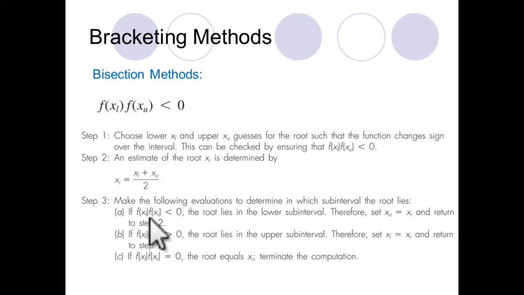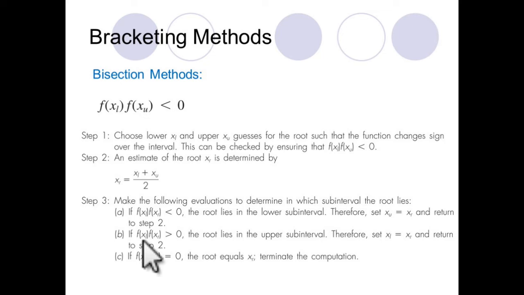So if this multiplication is smaller than 0, this means that f of xr and f of xl are on either side of the axis, and certainly the root is between xl and xr. Then we set the upper point xu as xr, and then we do step 2 again.